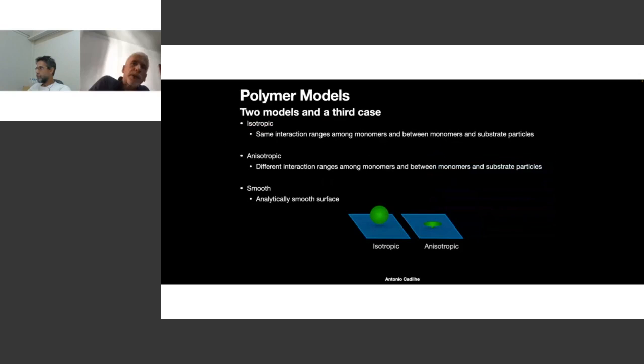One is isotropic in the sense that a monomer basically interacts with many of the substrate particles, let's say the monomer is a sphere or has a geometrical sphere-like appearance, or a disk, with many particles interacting with the substrate particles, and all those particles are basically absorbing the monomer to the substrate.